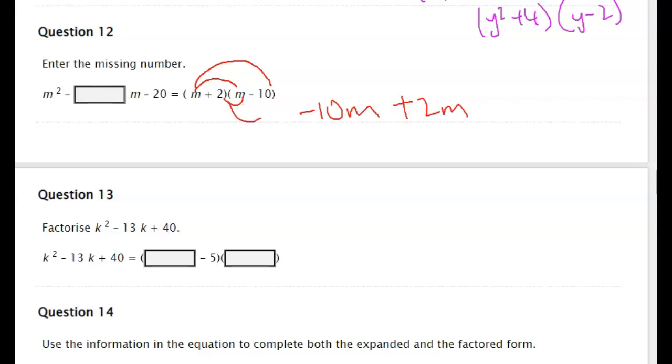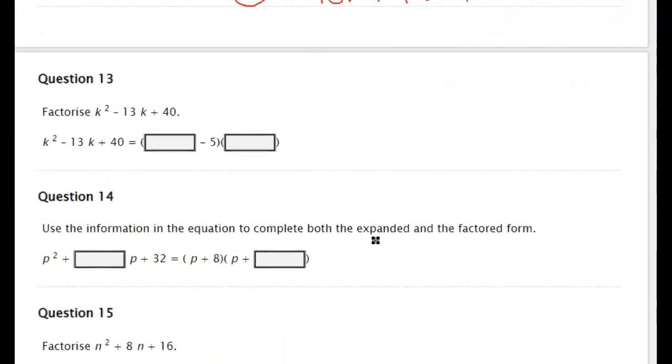And then we've got 2 times negative 10, which is where that negative 20 comes from. So we only have to deal with this coefficient of m. So negative 8m plus 2m gives you negative 8m. And the question already has a negative there, so just be careful that you do take that into consideration. So we only need to put the 8 in, not the negative 8.